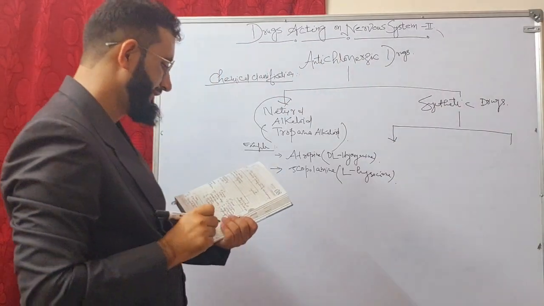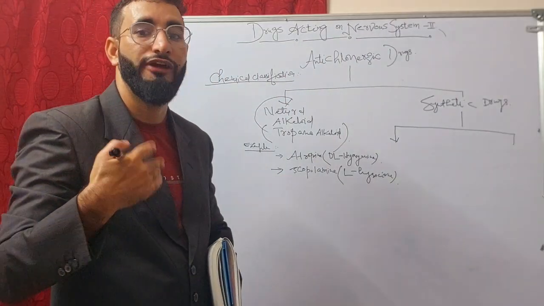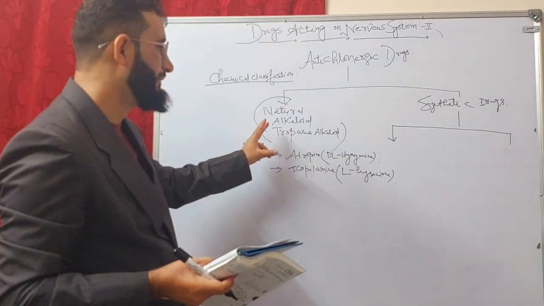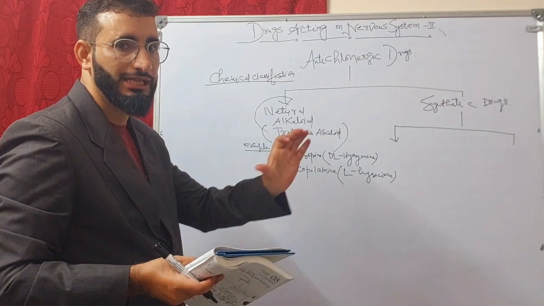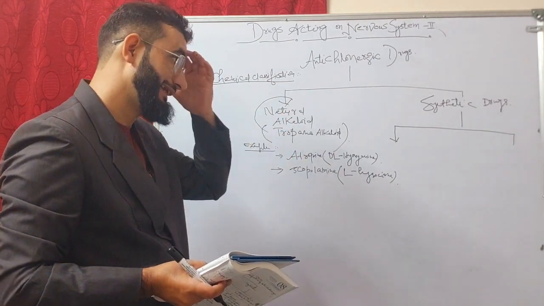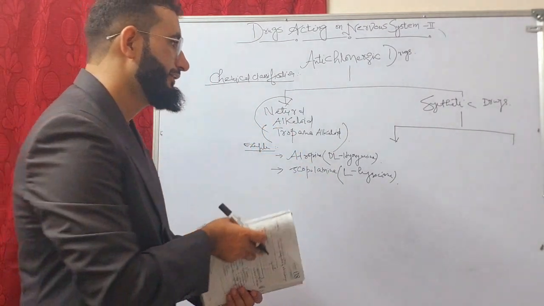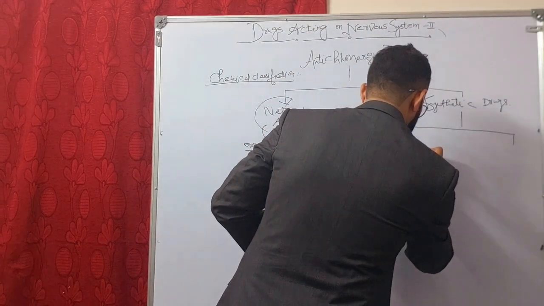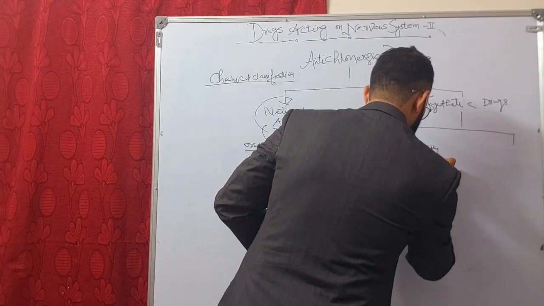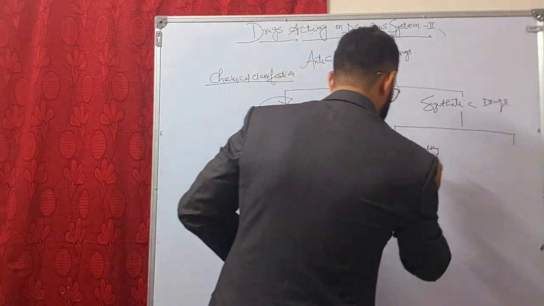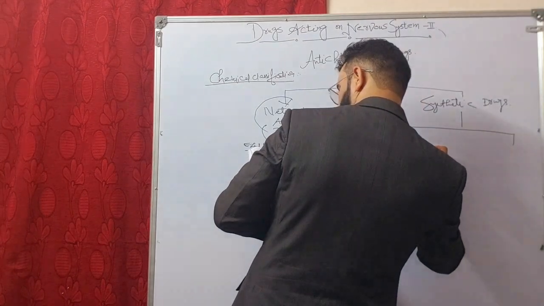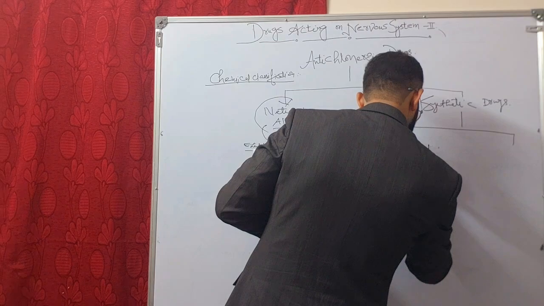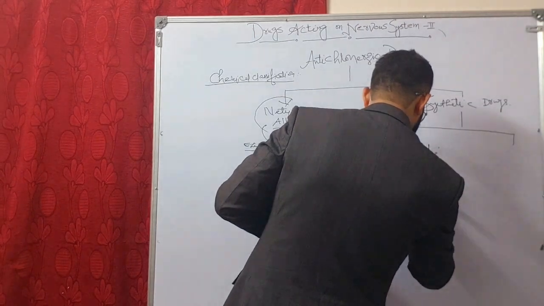First one is the structural analogues of atropine. Means their chemical structure is related to atropine. Means they are also tropine. The chemical moiety in these classes of drugs is tropine. So that is one, structural analogues of atropine.